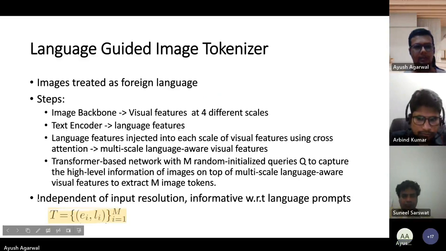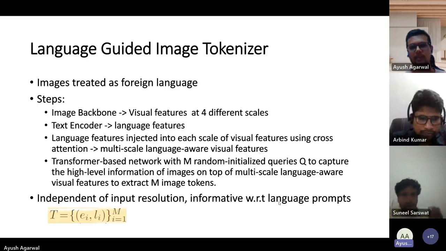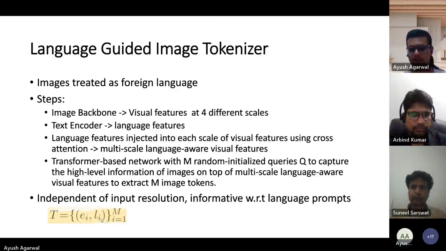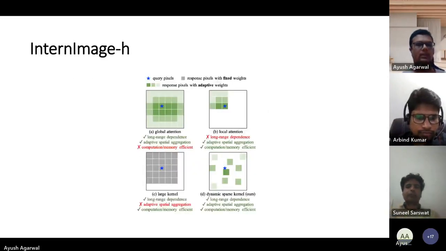The output is independent of input resolution, and it is informative with respect to the language prompts. Since we are using four different scales, it is relatively independent of the input resolution of the image, and it has information with respect to the language prompts. The tokens that we receive after the final step are in this format, where E_i corresponds to each embedding and L_i would correspond to positional encoding. Assuming that is clear, this is one of the backbones that they use.